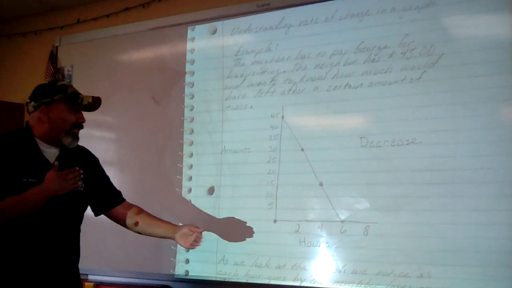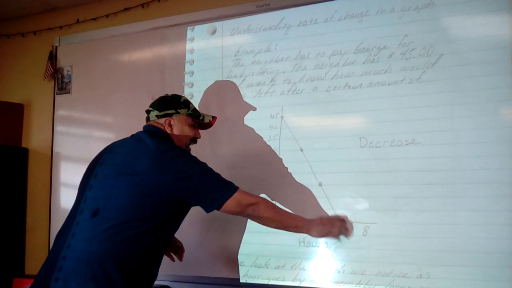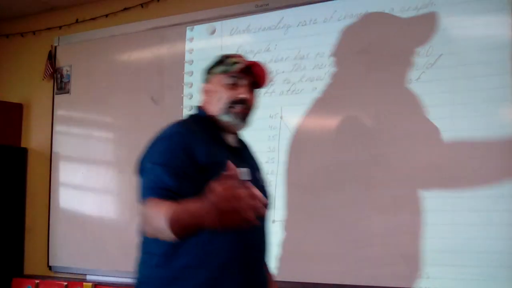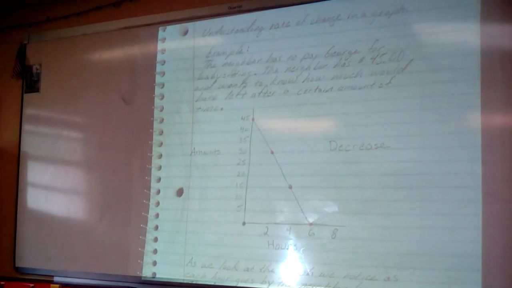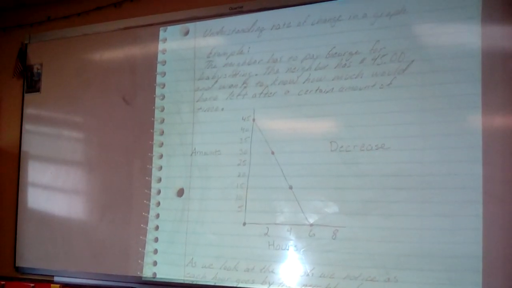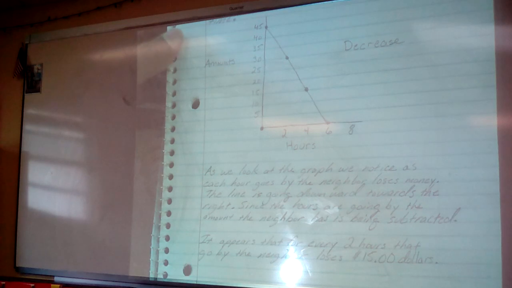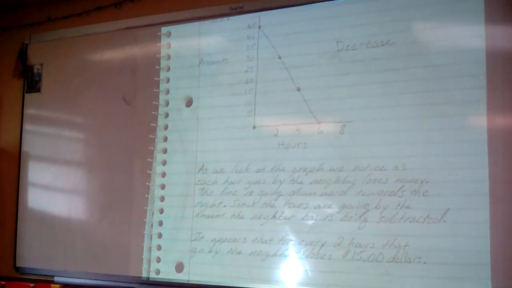And as we read it towards the right, we notice that this is going downward as it's going towards the right. You want to know how far it is going towards the right? And there's different ways you can say this. That is also the rate of change. As we look, we notice each hour goes by, the neighbor loses money. The line is going downward towards the right.